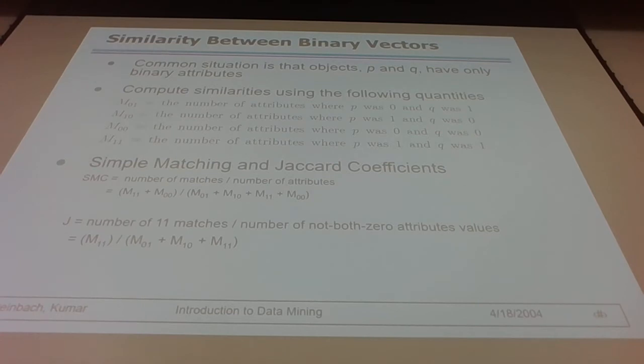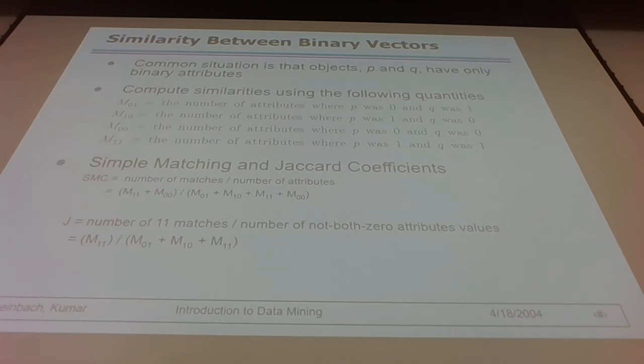For example, if your objects only have binary attributes, which means all attributes can either be 0 or 1 and cannot take any other real values, then you can define two coefficients: simple matching and Jaccard coefficients. These are just some definitions and equations which we will use for exams, but we will not really need later. But they are good questions for exams, to test whether you remember.